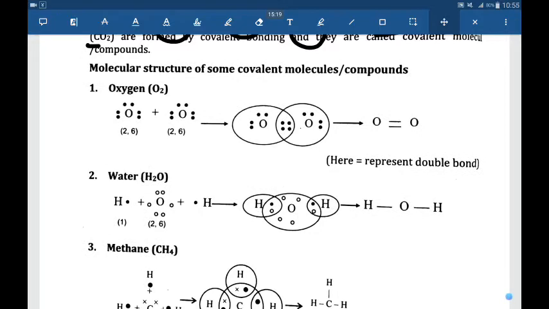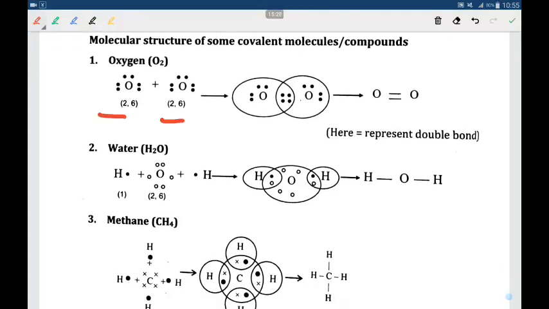Some covalent compounds. Here you can see in between two oxygen atoms there is sharing of electrons. How many? Two pairs. That's why in between O and O is a double covalent bond. Water. See here in water, one electron is there in oxygen.